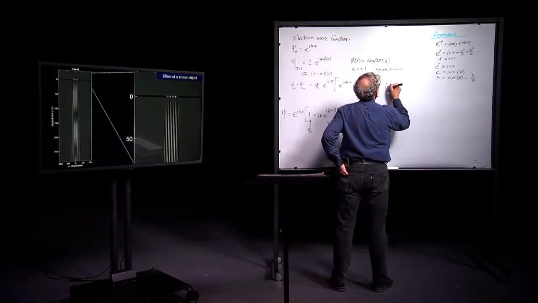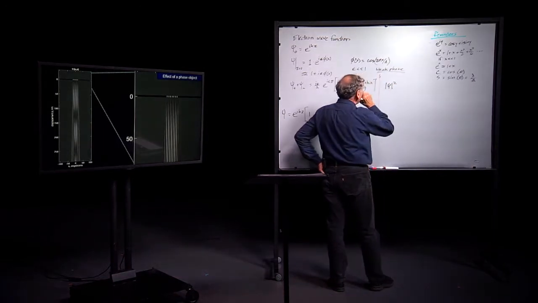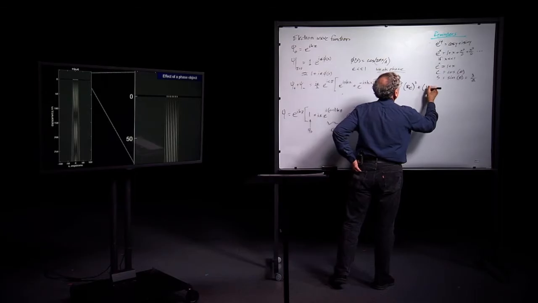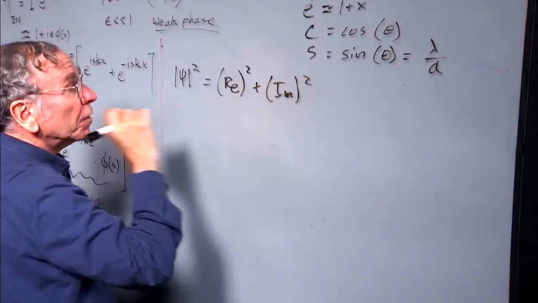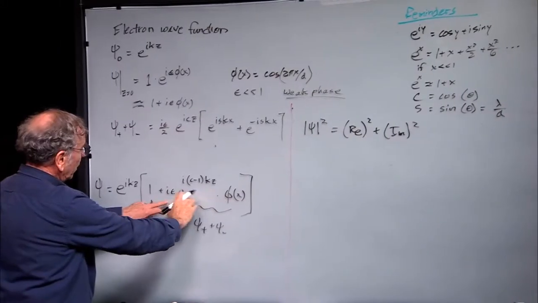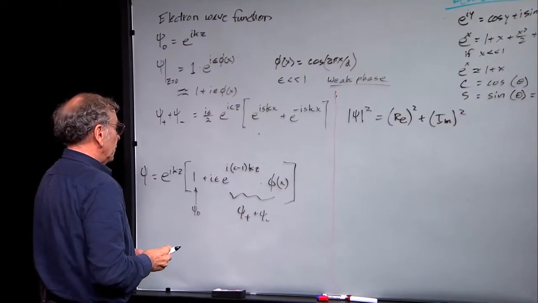This is psi squared, which is just the real part squared plus the imaginary part squared. So I want to write out the real and imaginary parts of this thing.